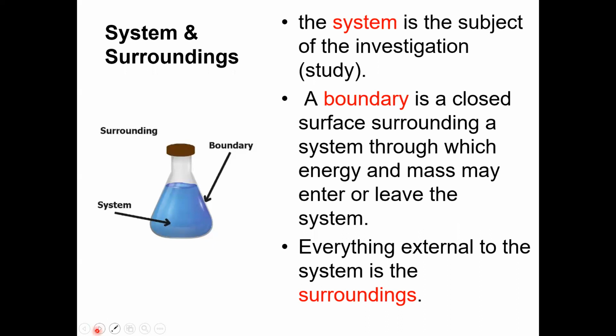The system and the surroundings. The system is the subject of the investigation or under study. If we take, for example, this volumetric or conical flask, the matter inside the flask is the system, because we are going to study this system.